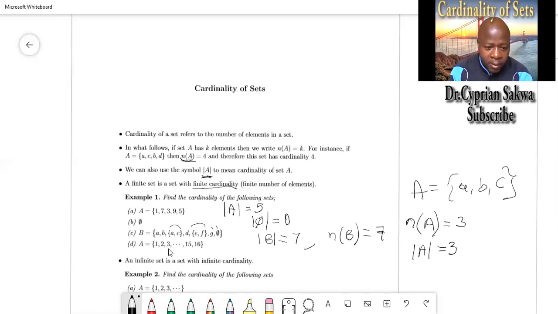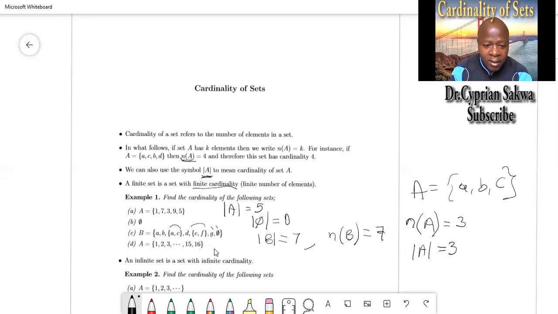Okay, so what about this other one? These sets that we're looking at are finite sets. They have a finite number of elements. What about this one? This set A has elements 1, 2, 3, dot, dot, dot. Dot means that we continue. The numbers continue from 3. The next one is 4, then 5, 6, up to 14, 15, then 16.